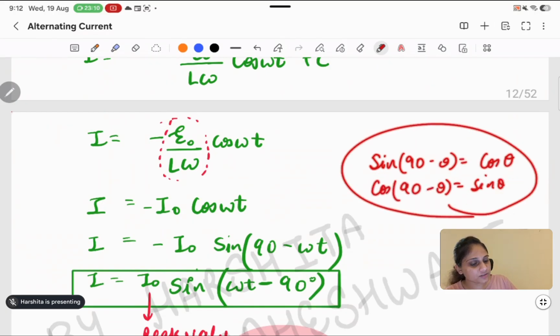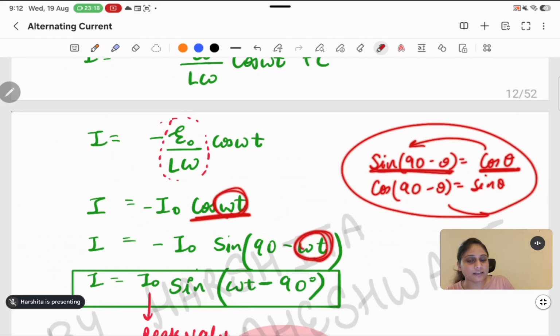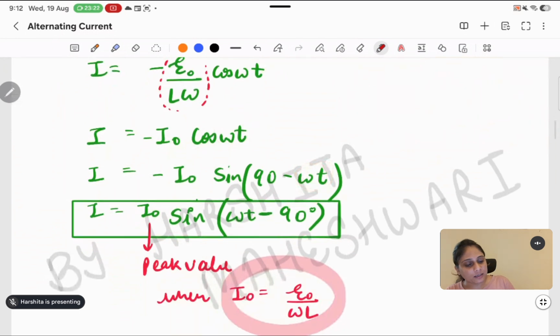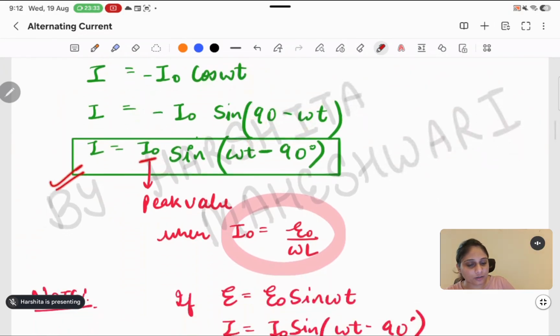So we are putting cos omega t as sine 90 minus omega t, because the angle is omega t here instead of theta. Now we take this minus sign inside, so it will be minus here and plus here. I just reversed the places. Now we got the value I is equal to I naught sine omega t minus 90 degrees.